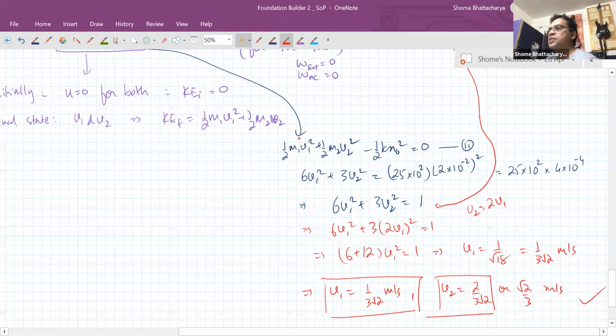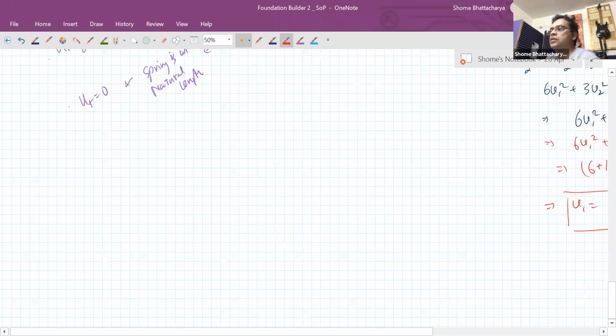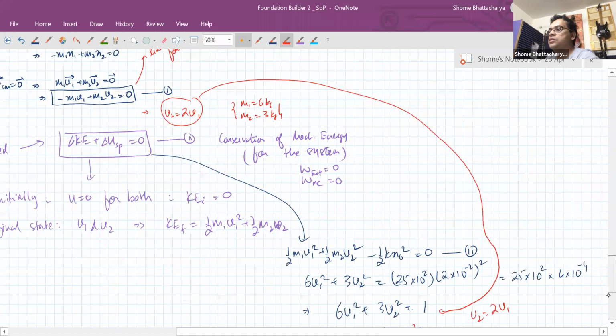Okay. So all I've done is substituted m1, m2 over here and k. So we have substituted m1 as 6 kg, m2 as 3 kg, and k as 2500, because we have to substitute in SI unit, okay, not in CGS unit.